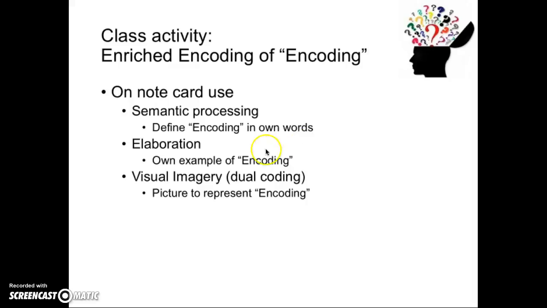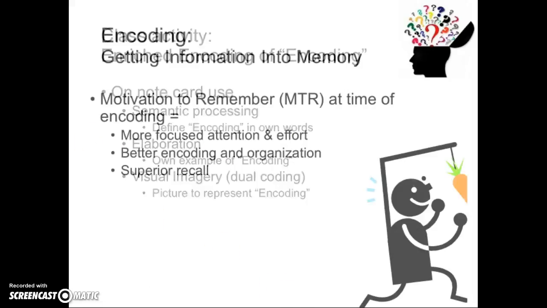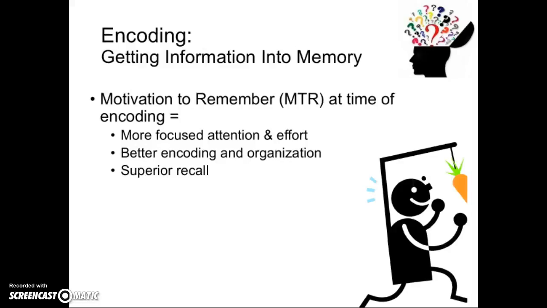Now, before we leave this topic, I do need to talk about the role of motivation in influencing working memory and this encoding process. So there's a concept called motivation to remember at the time of encoding. Basically, at the time you're trying to learn something, if you feel motivated to remember it, you're going to create a better code.